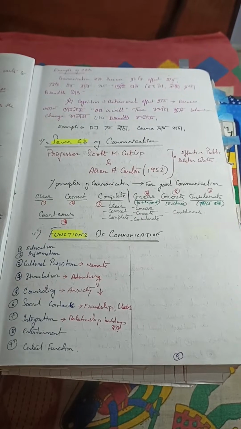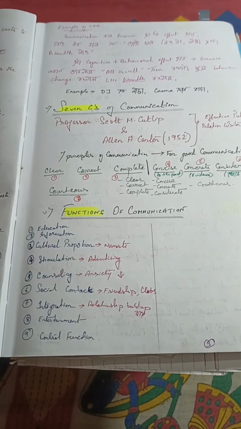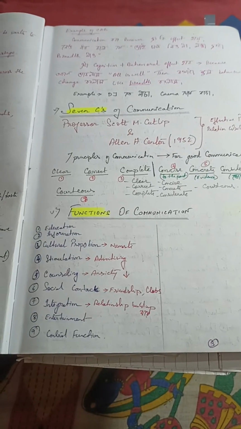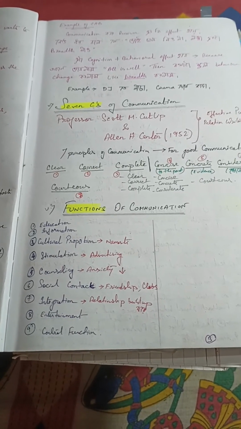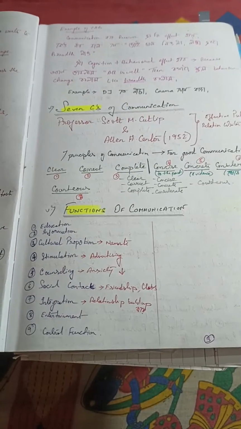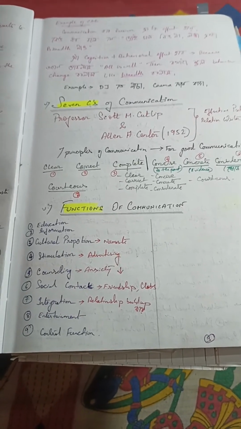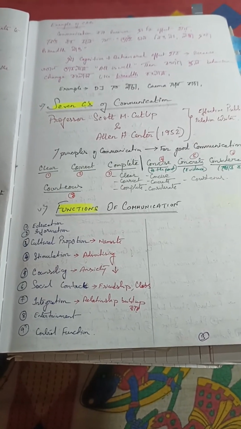Next we have the functions of communication. How does communication function? First, education. For education purposes, we communicate. That means we are also communicating now. I'm communicating via online media with you. I'm recording this video, I'm going live, and I'm sharing my class notes with you all.